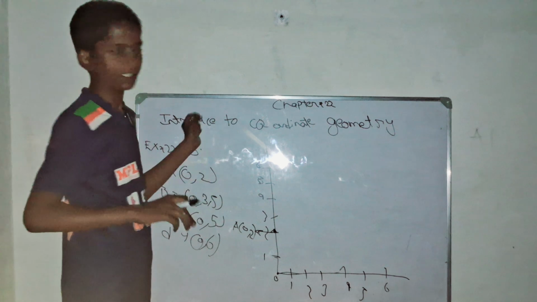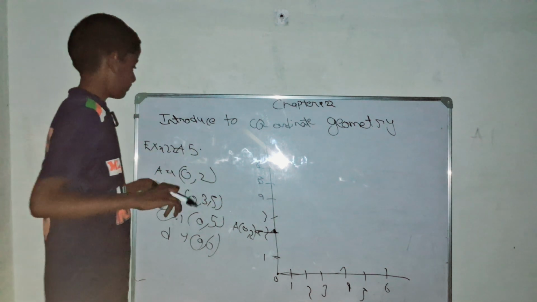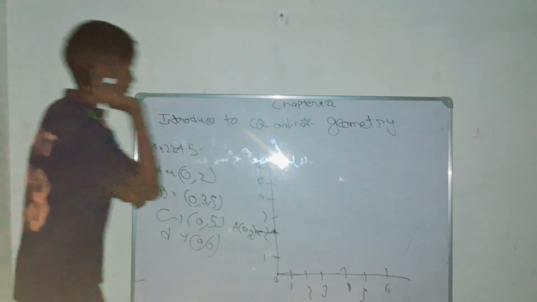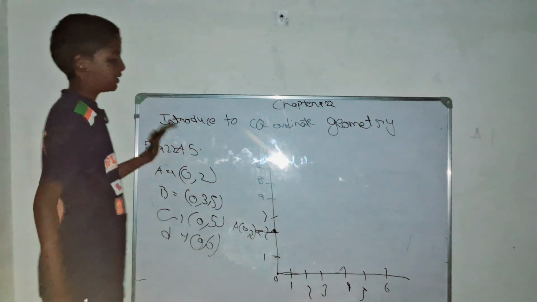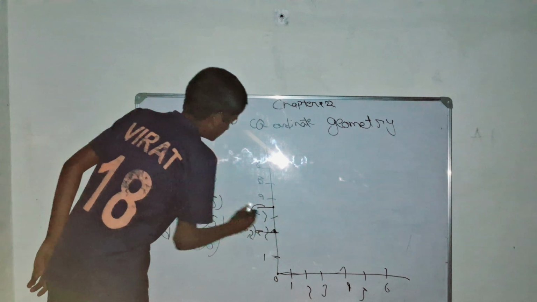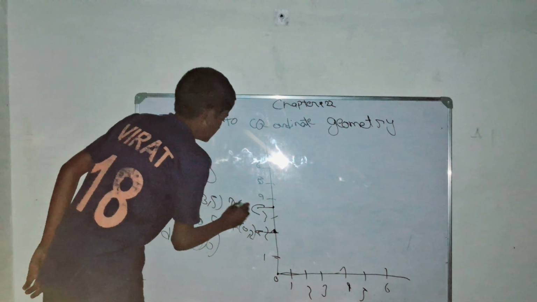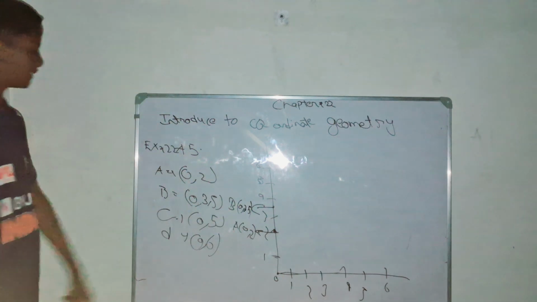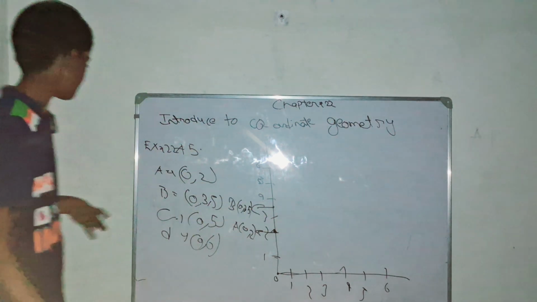The point is A: 0 and 2. B: 0 and 3.5. So between 3 and 4 the value is B, 0 and 3.5, meaning abscissa 0, ordinate 3.5.